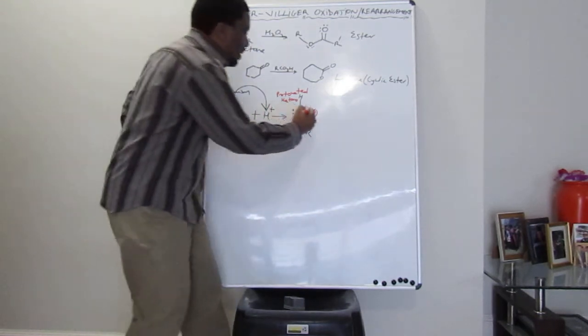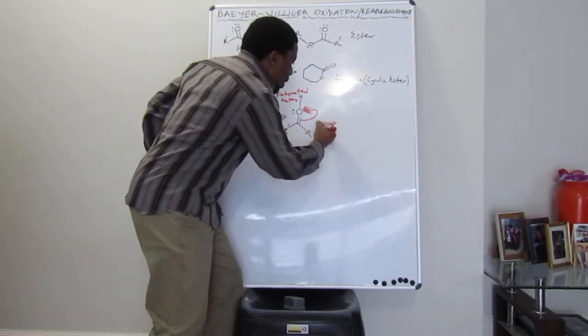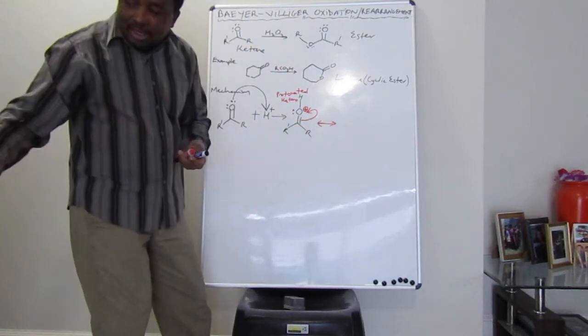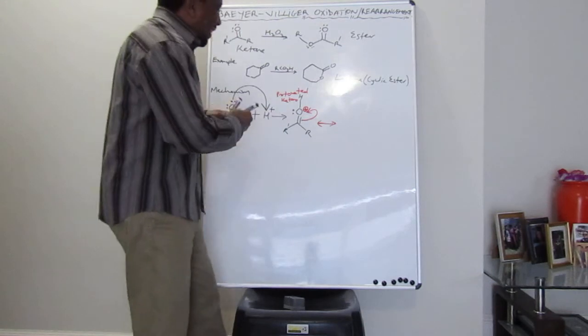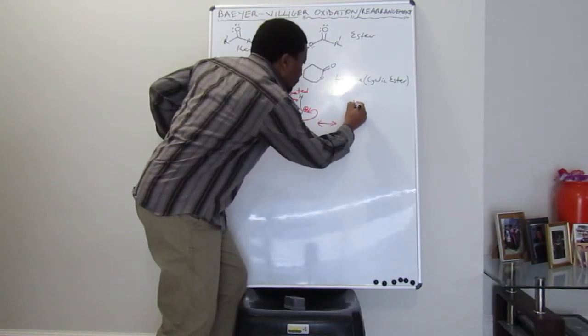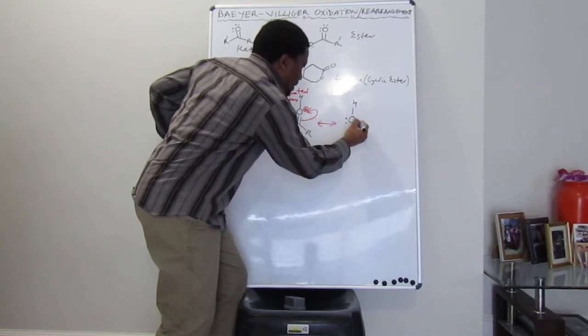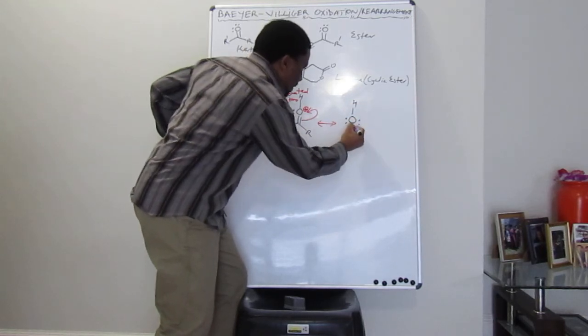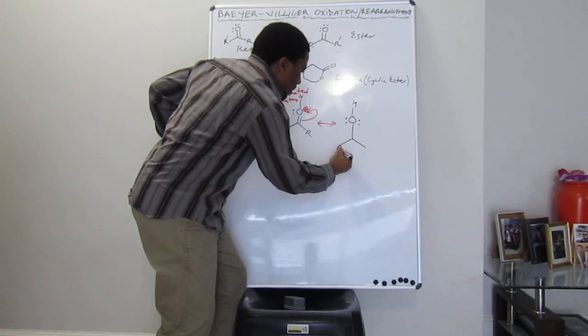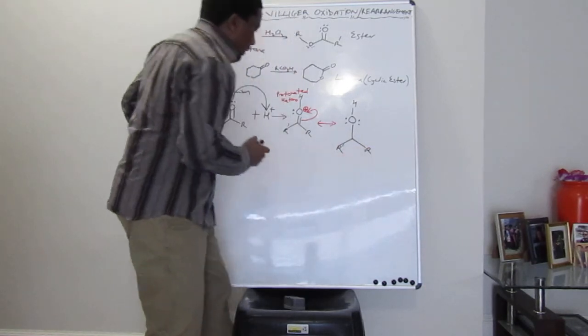So as a result, in this case we form what we refer to as a resonance structure. Then we generate oxygen here with lone pairs and a single bond here. This is R prime, this is R. Can you see that now?